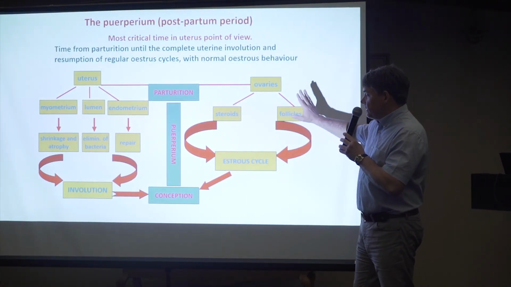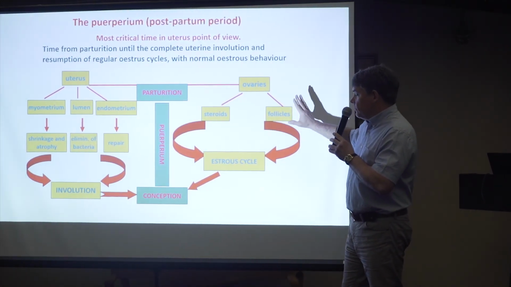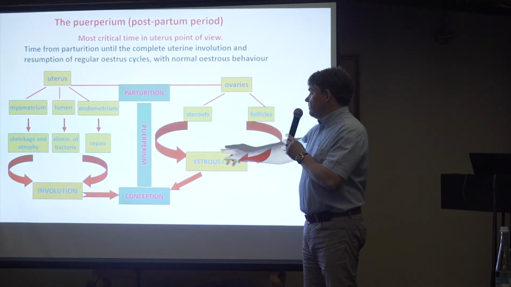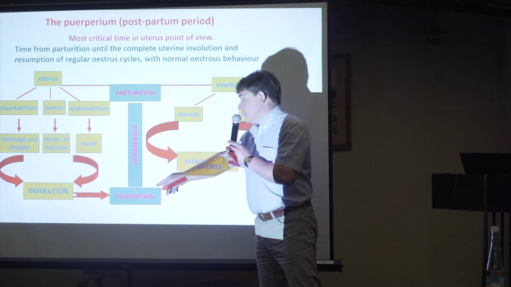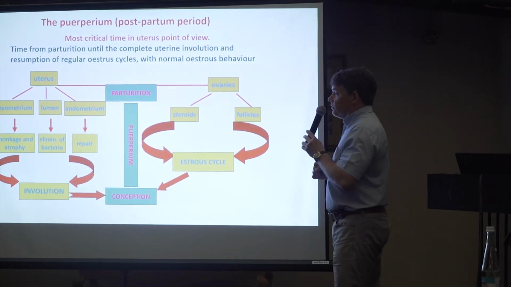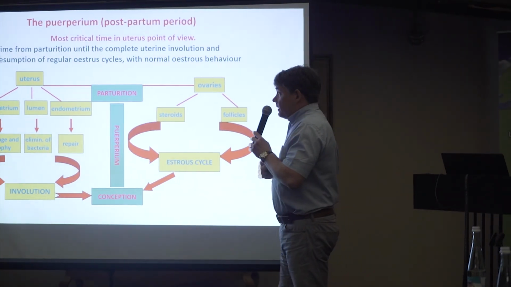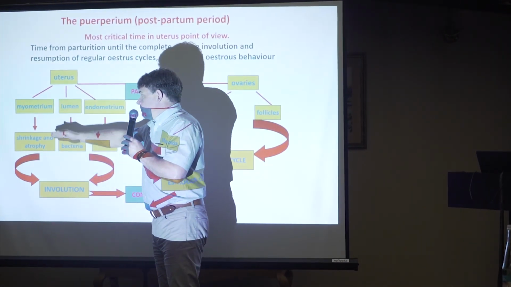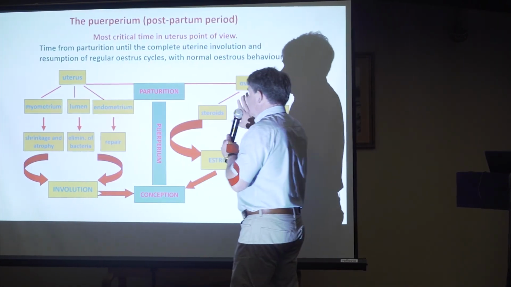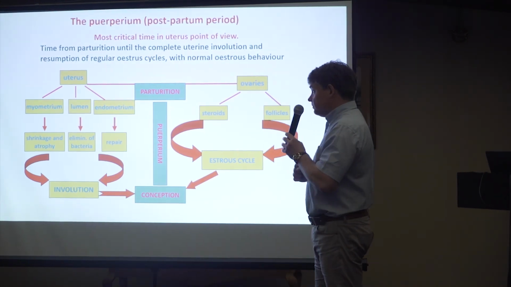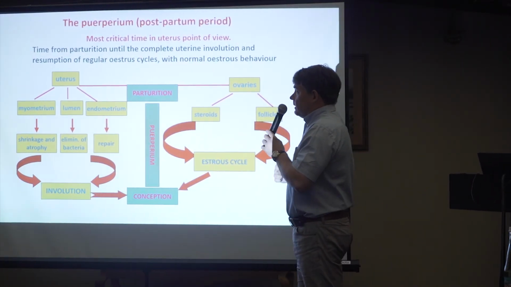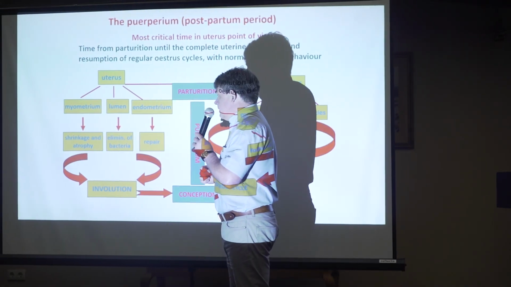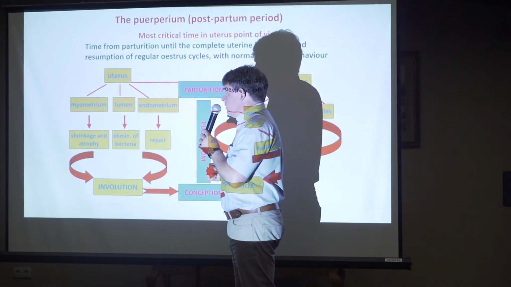And if this side is okay, without pathologies, and also if the uterus is okay, if there is a normal estrous cycle, finally it should lead to new conception. But very important is this uterus side, because here we will see many more events than in the ovarian part. And first of all, after parturition, three parts of the uterus are involved.